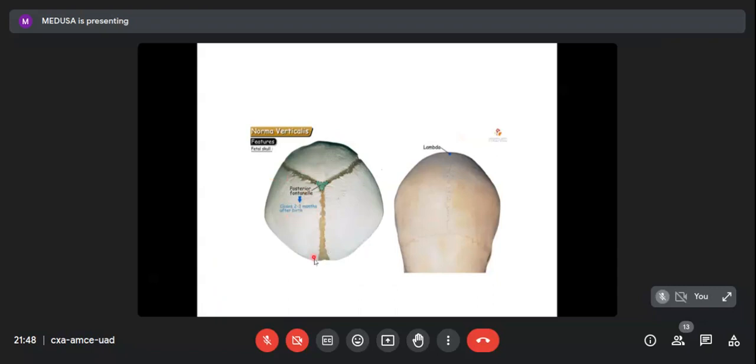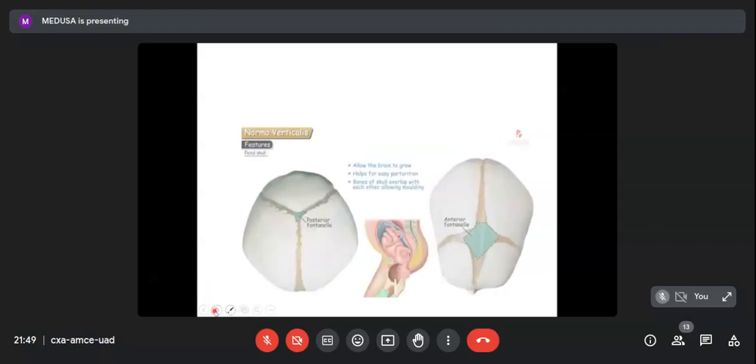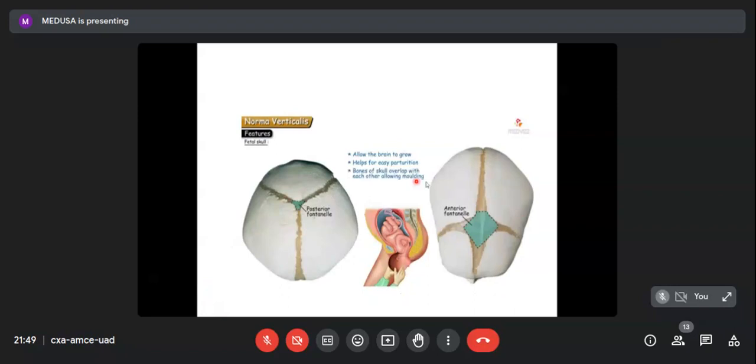If they persist, then there should be a problem somewhere. But there are cases where someone's fontanelles are still there.